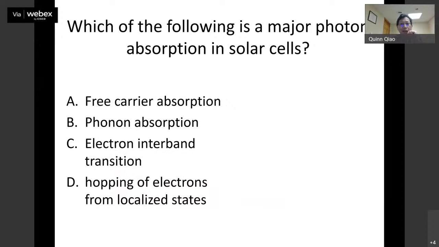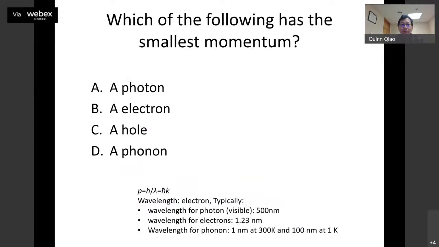Here it asks what is the major photon absorption in solar cells. That's interband transition, because you promote an electron from the valence band to the conduction band. That's the most important for light absorption. Then the question is which one has the smallest momentum. The momentum equals h over lambda, where lambda is the wavelength.